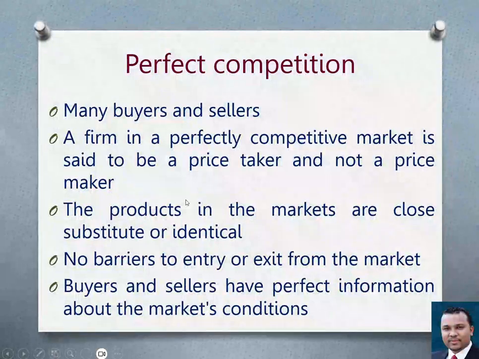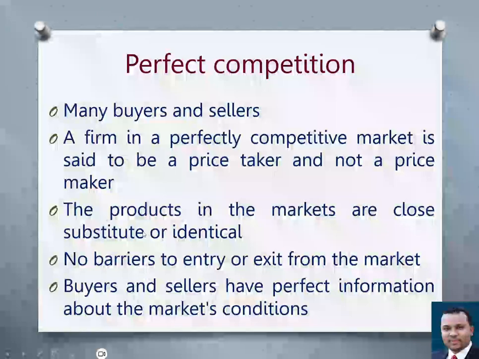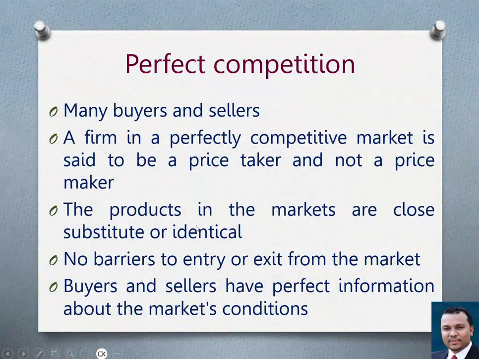For products, the products exchanged in the perfect competition market are close substitutes or identical. So there is no product differentiation in the case of perfect competition. What about barriers to enter or exit the market? There are no barriers in perfect competition to enter the market or open a new project, or to shut down the project and exit the market.